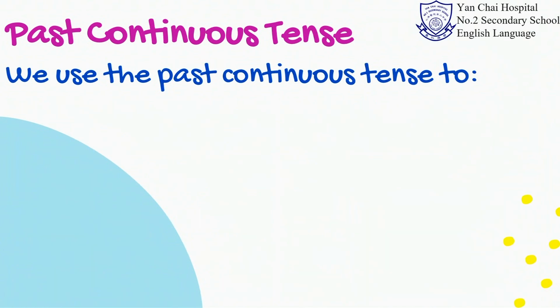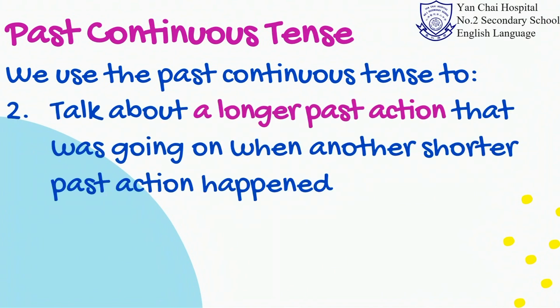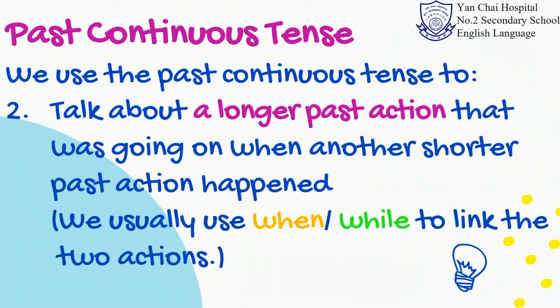We use the past continuous tense to talk about a longer past action that was going on when another shorter past action happened. We usually use when or while to link the two actions.